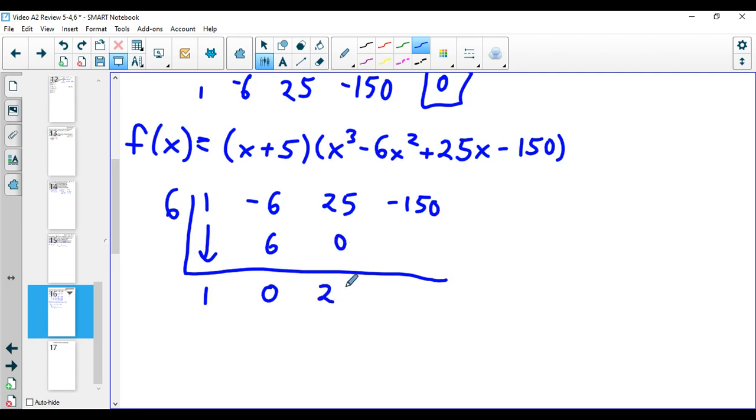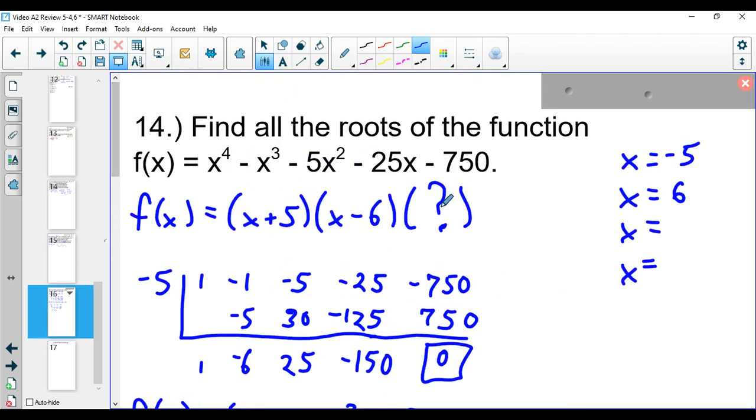Multiply, get 0. That's 25. And 6 times 25, that's 30. Carry the 3. Yeah, 150. Good, good, good. So we get a remainder of 0. And then we can turn this into x squared plus 25, which means that question mark we were looking for is x squared plus 25.